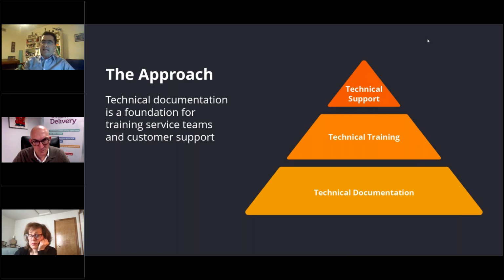First of all, the technical documentation would become a foundation for creating training materials, and then for creating documentation required for the support agents.